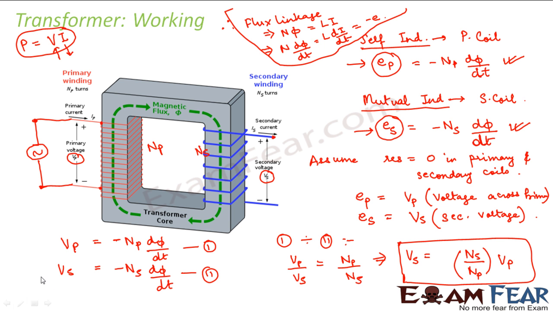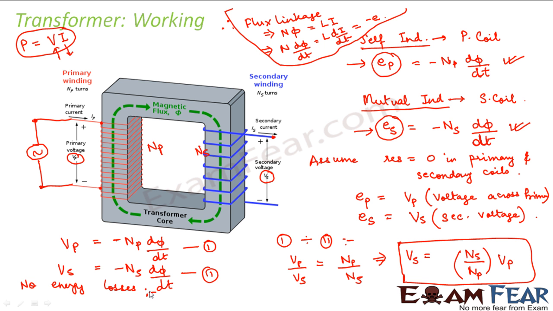We assume that there are no energy losses. Right now we are just talking about an ideal transformer. We are not considering any loss due to resistance. We are not considering any hysteresis loss. We are not considering any flux leakage. We are not considering any loss as such.